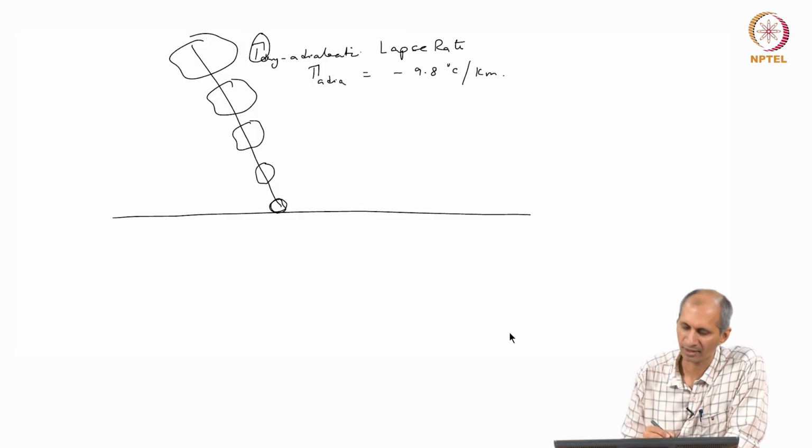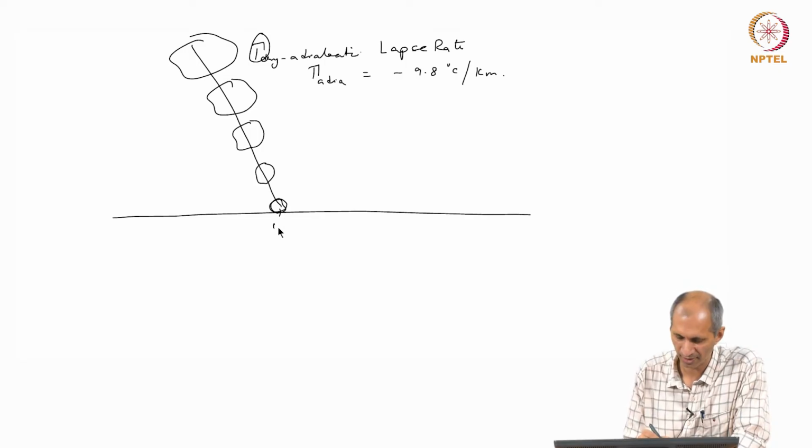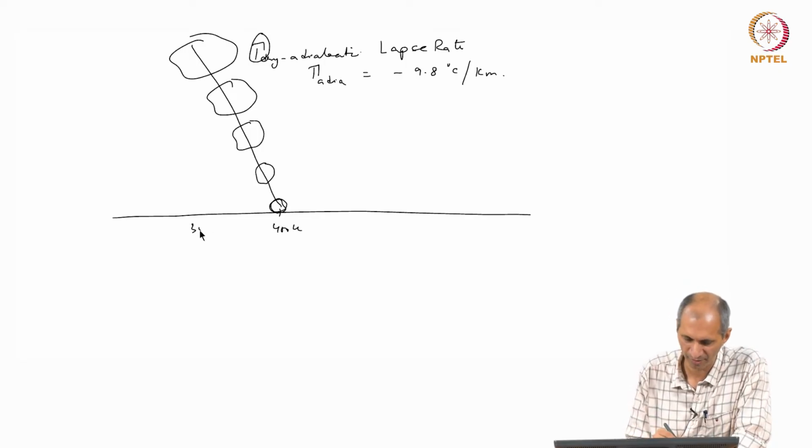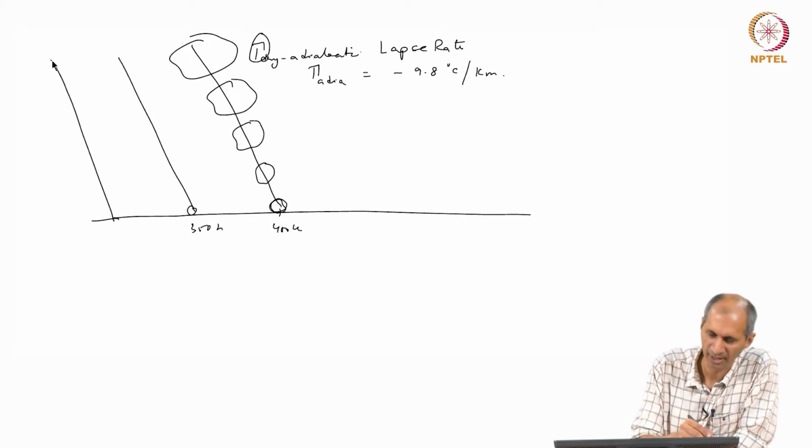Irrespective of the starting temperature, it will cool in this fashion, which means if I have an air mass at 400 Kelvin and an air mass at 350 Kelvin, all of them will go in the same direction. The delta T by delta Z is the same.